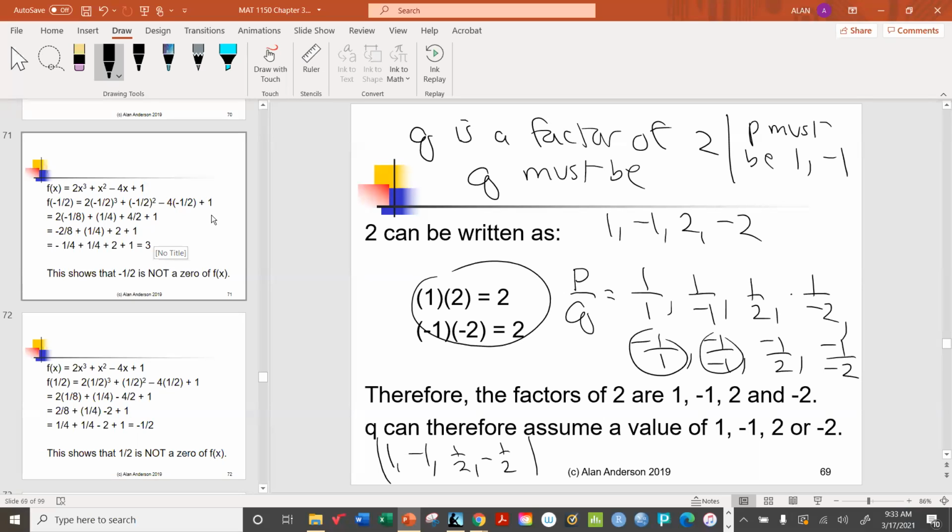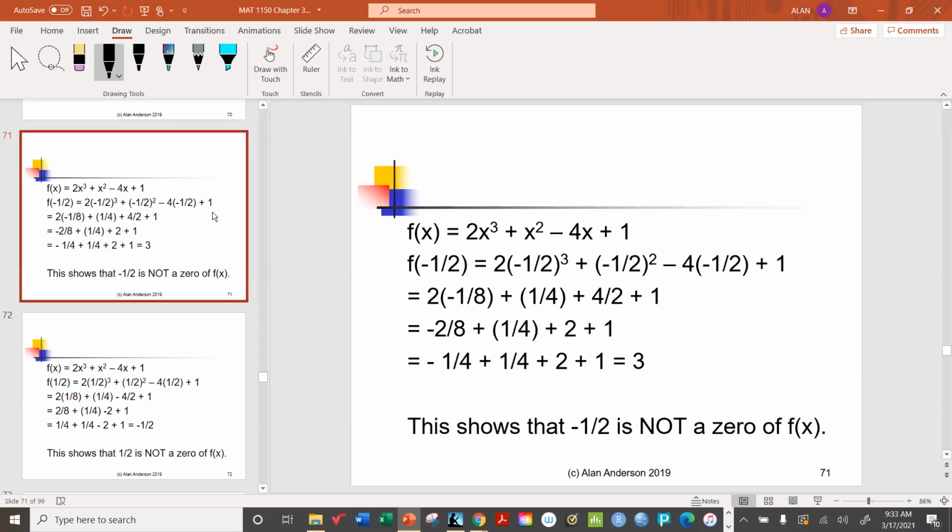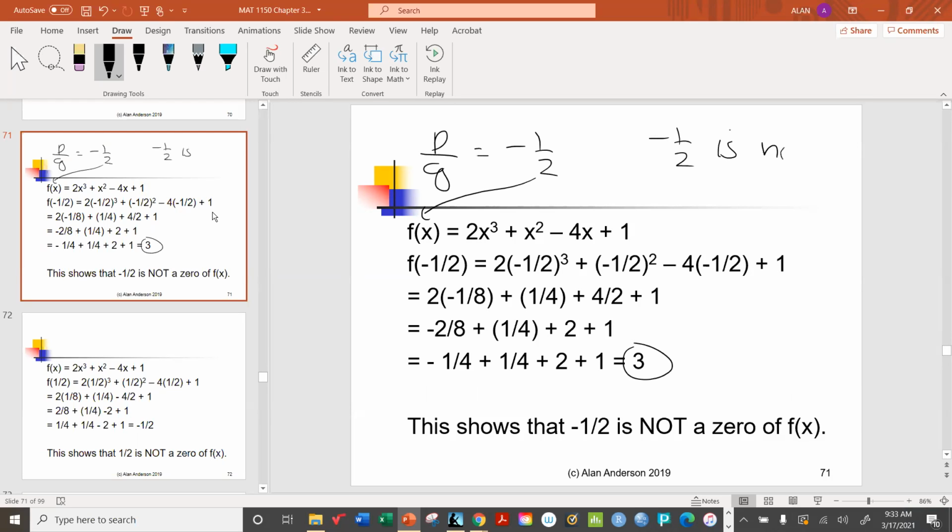Okay, so we'll start with -1/2, and you can see by plugging that in here for x, the solution is not 0. So therefore, -1/2 is not a solution. All right, so we can rule that one out.